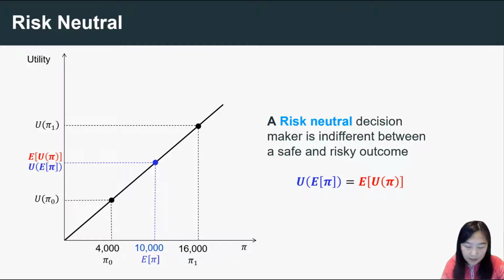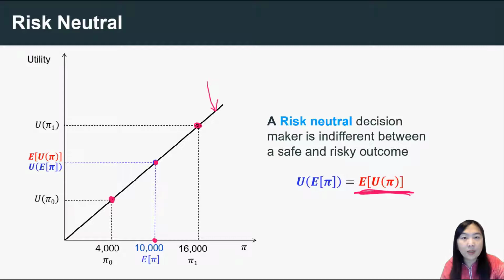That means that person's utility curve is a straight line. Here, this is the expected profit. The utility of the expected profit is here, so it should be on the utility curve, or here it's a utility line. And you also want to know the expected utility here. The expected utility is where you find those 2 points and draw a straight line.